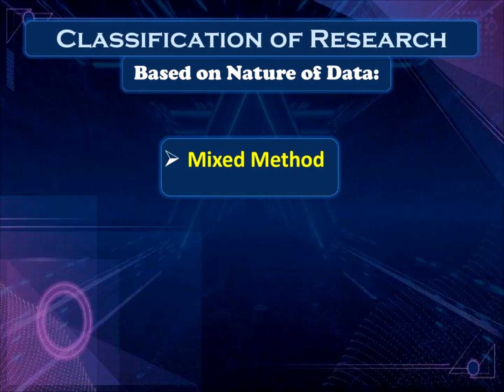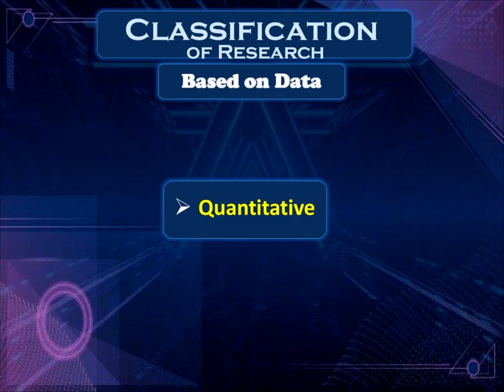So, mixed method research. Now we have said quantitative research is where the things which you have to measure, which we call variables, can be either counted or measured in numerical terms.